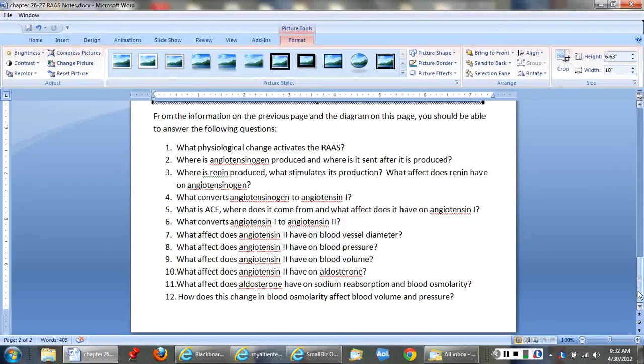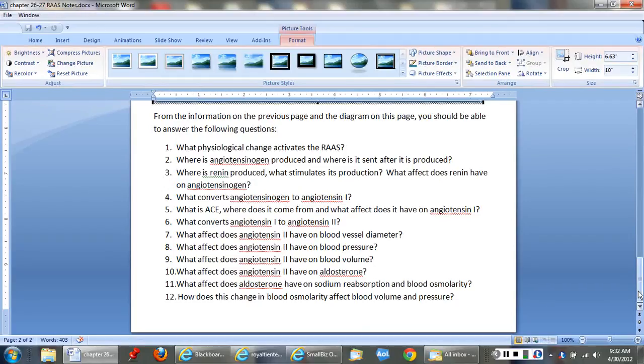So ACE, angiotensin 1 converting enzyme, activates or stimulates angiotensin 1 to convert to angiotensin 2. So what converts angiotensin 1 to angiotensin 2? ACE. What effect does angiotensin 2 have on blood vessel diameter? Constriction, good.